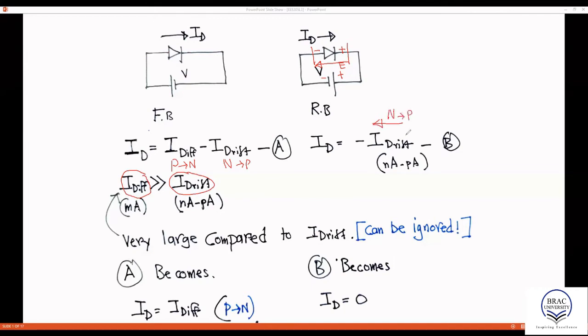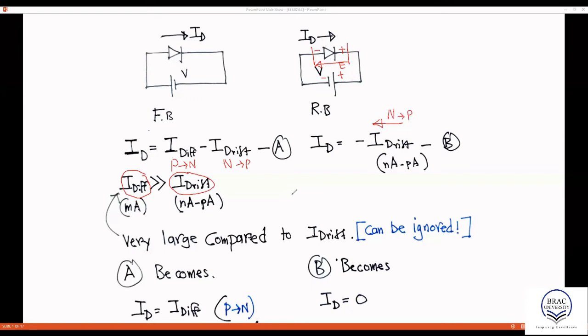Since it is due to the minority carriers, the amount of current is around the nanoampere to picoampere range. Now, as we have already figured out, the diffusion current component is very big compared to the drift current component, roughly around 10 to the power 6 to 7 times.